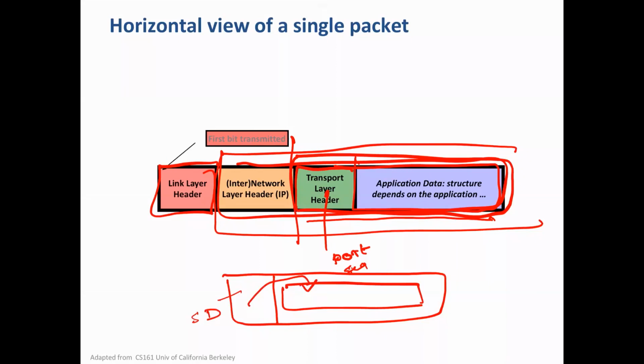Now this all will go from one end of the link to the other end. Let's assume this is Wi-Fi. After receiving, this portion is removed, and the IP packet is given up.